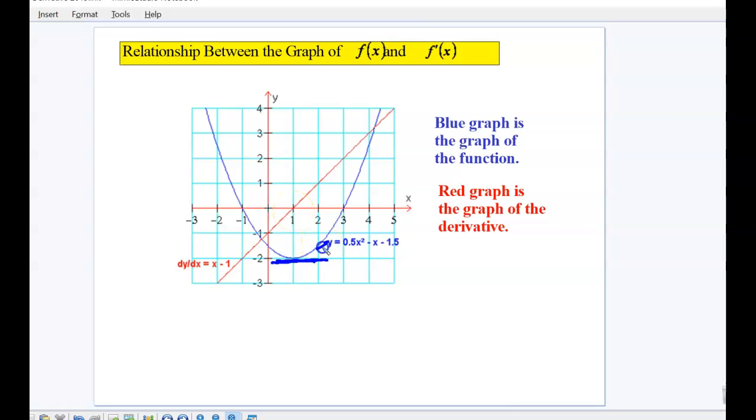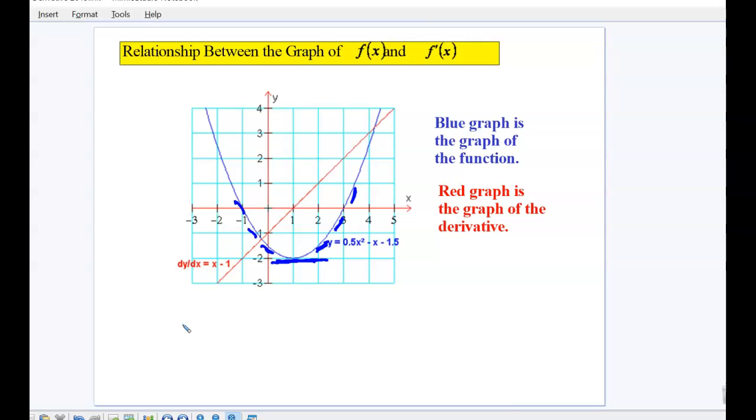Now, any slope on this side of my curve is going to be positive, and they're going to get increasingly more positive as I keep going. And notice that my derivative continues off in a positive direction. Here, my slope is going to be negative, and more negative, and more negative. Notice to the left of 1, the graph goes further and further down.